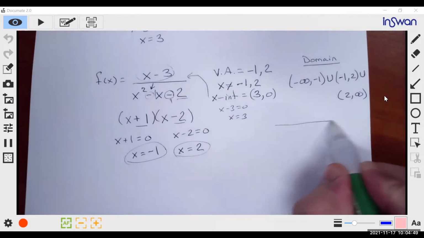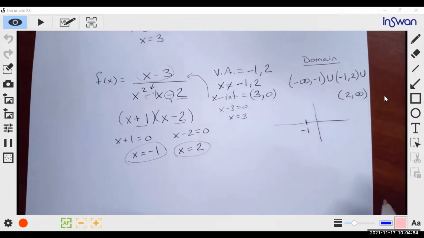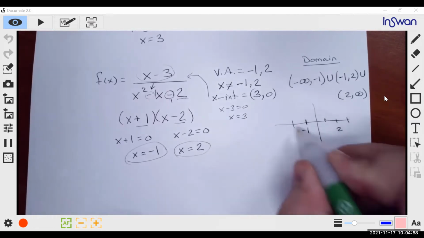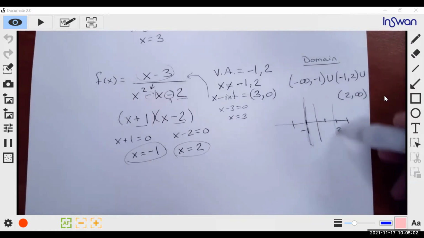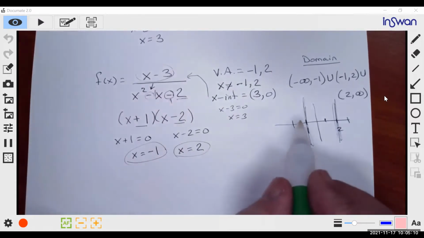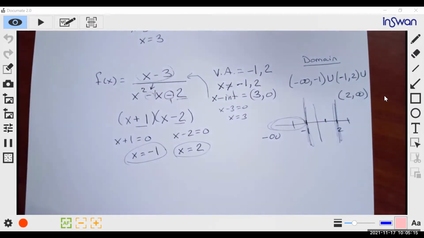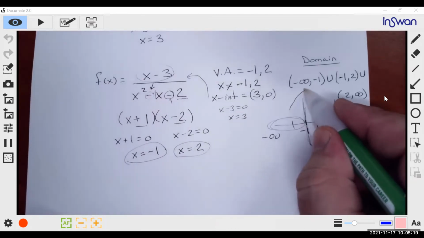Let's look at this on our graph. So we have -1 and we have 2 as our vertical asymptotes. In other words, these are lines the graph can't cross. So we can have this as a possible answer, that's from negative infinity to -1.